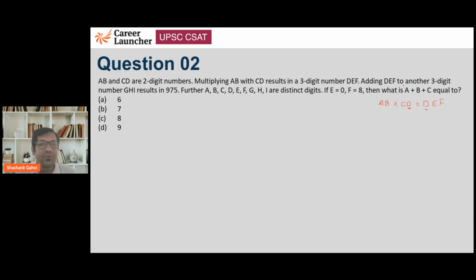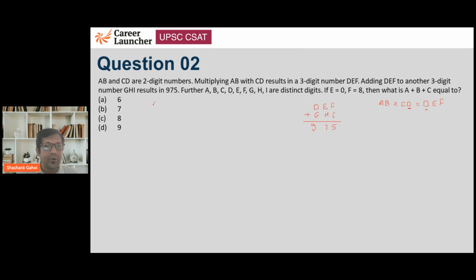Now, adding DEF to another three-digit number GHI, so DEF plus GHI results in 975. That is given to us. Further, A, B, C, D, E, F, G, H, I are distinct.